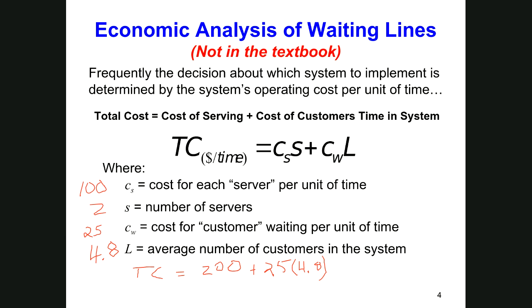I'm doing a little arithmetic myself, so make sure I get it right. 25 times 4.8 is 120. So this total cost is $320, and it's actually a per hour cost.